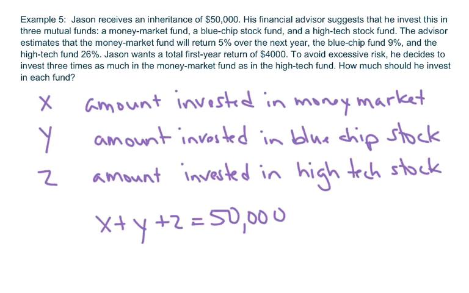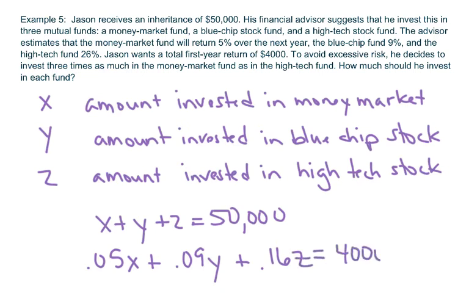So the money market account is 5%, so that's 0.05x. The blue chip stock fund was 9%, so that's 0.09y. And then the high-tech fund was 26%, and he wants his total return to be $4,000.